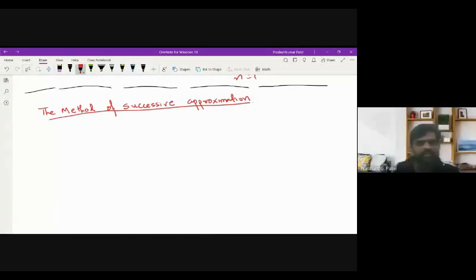So in this lecture, we are discussing a method of successive approximation known as Picard's method.